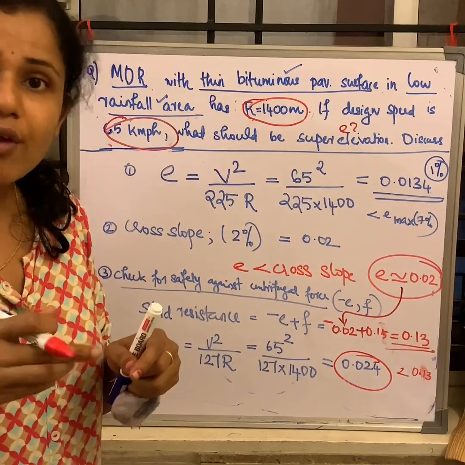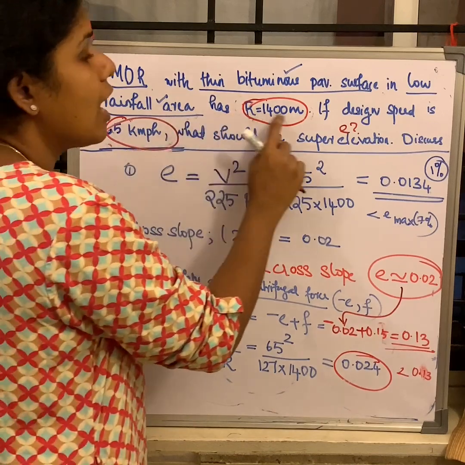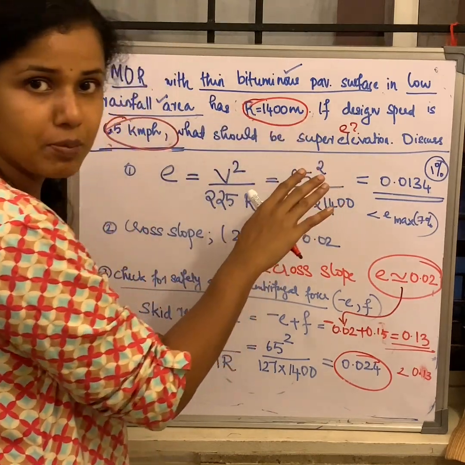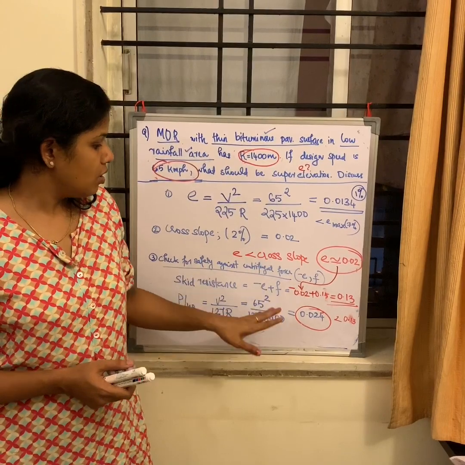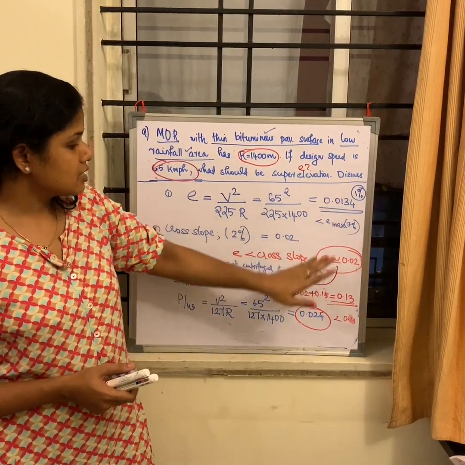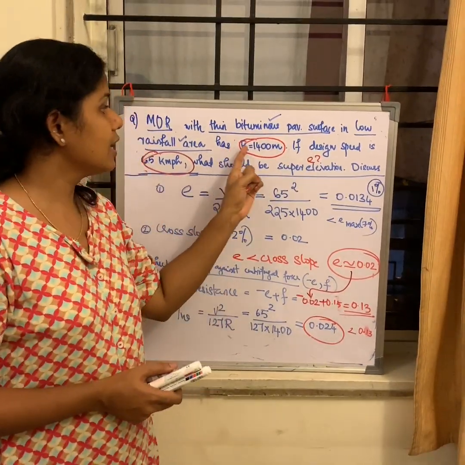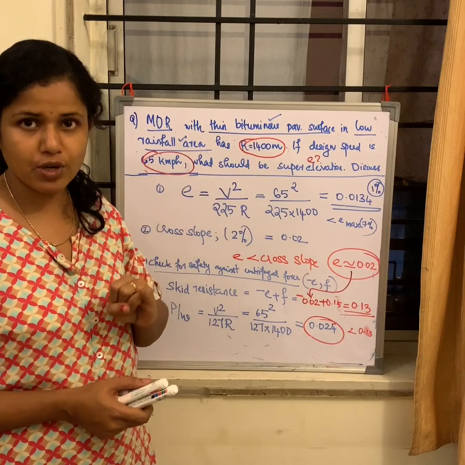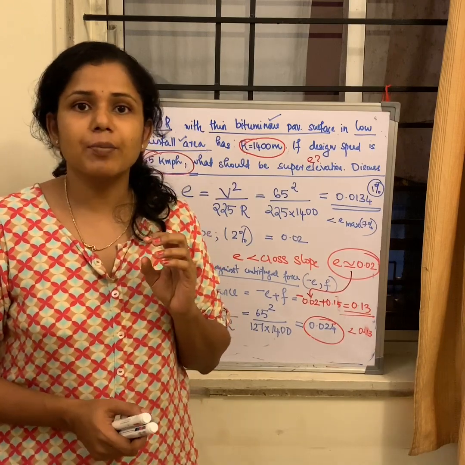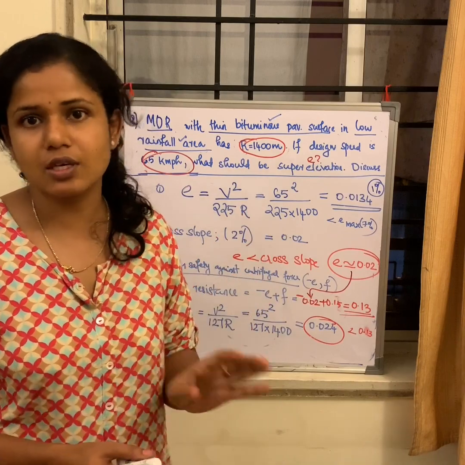It is safe to travel at the design speed of 65 km/h having a turning radius of 1400 meters. So the conclusion should be, in this case there is no need to provide super elevation having a large turning radius of 1400 meters. The normal camber of 2% can be retained at the horizontal curve. This is the conclusion of it.